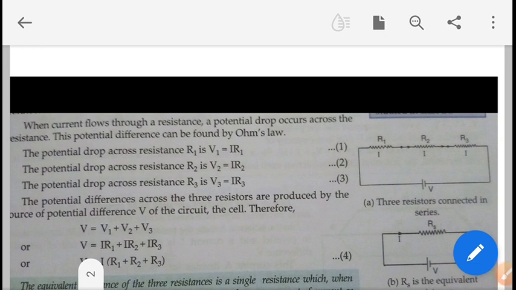When current flows through a resistor, a potential drop occurs across the resistors. This potential difference can be found by Ohm's law, which means the potential drop across resistor R1 is V1 equal to IR1.